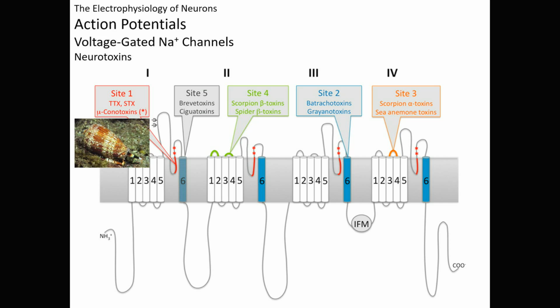So the conotoxins made by these cone snails, they're using this neurotoxin in an offensive way, right? They're trying to attack something so they can paralyze it to eat it.